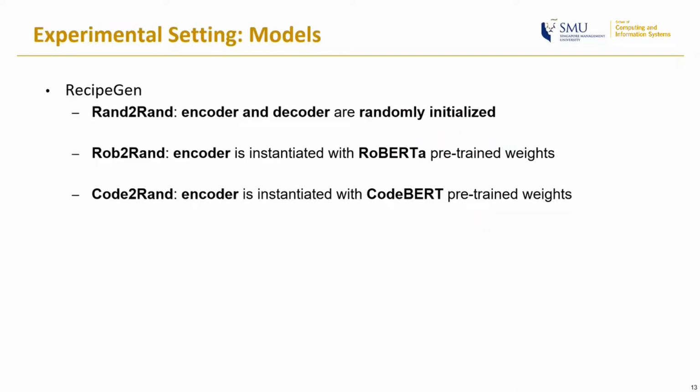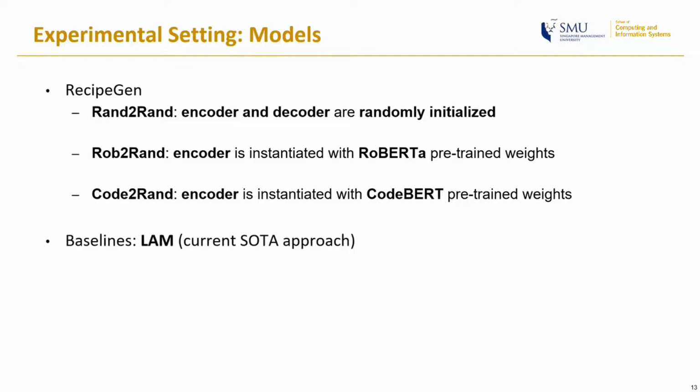For the experimental setting, we trained three variants of RecipeGen, namely RAN-to-RAN, RoBERTa-to-RAN, and CodeBERT-to-RAN. Both encoder and decoder are randomly initialized in RAN-to-RAN, while RoBERTa-to-RAN leverages RoBERTa to initialize the encoder's weight. In CodeBERT-to-RAN, we replace RoBERTa with CodeBERT.